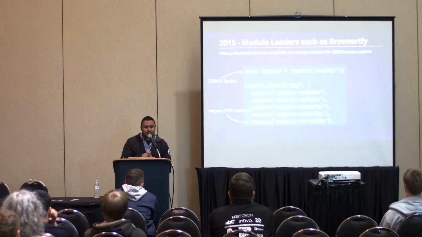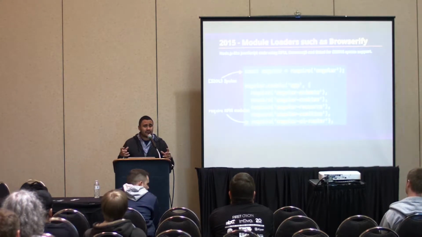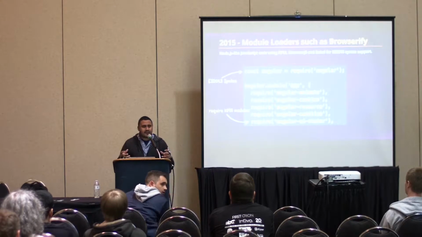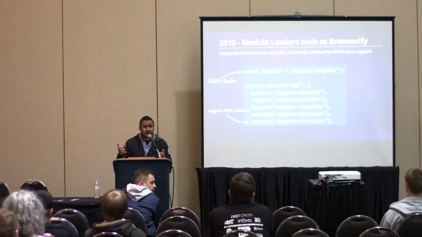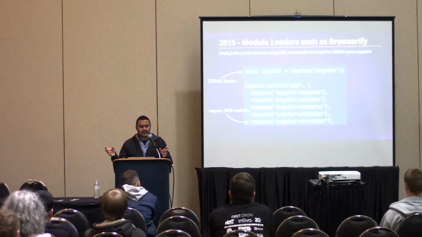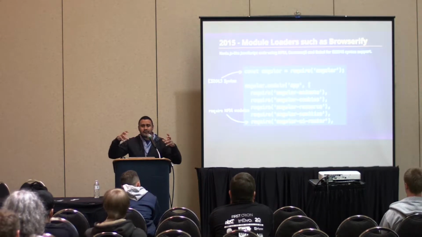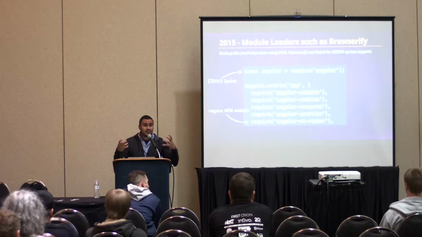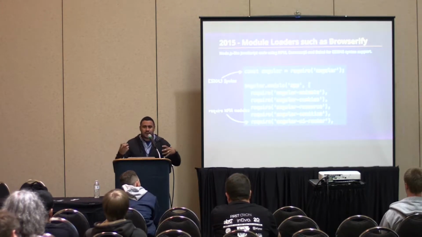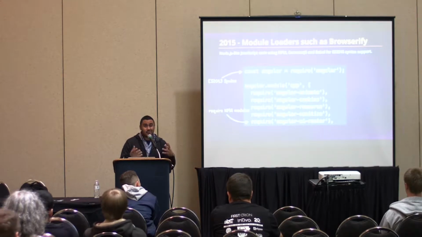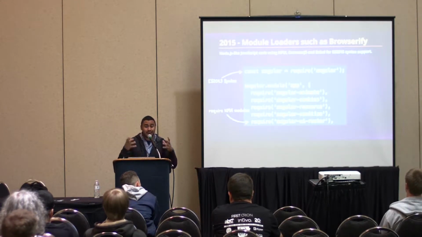ES 2015 was that new version of JavaScript that got finalized, and some really smart people developed something called Babel that works as a plugin on top of Browserify. So now we could use the latest and greatest of the JavaScript language, but still transform that code back into normal JavaScript code that our browsers could understand today. So that was pretty cool. And I got that for free by using Browserify.